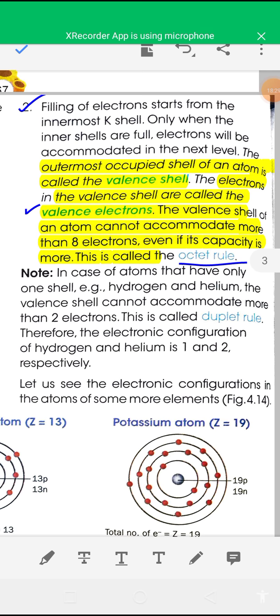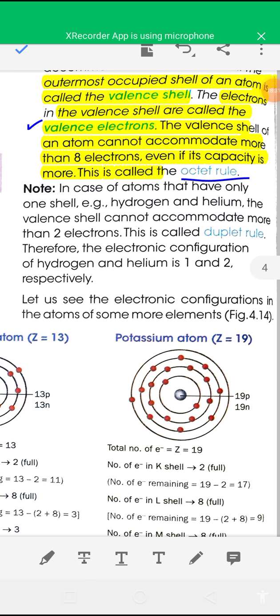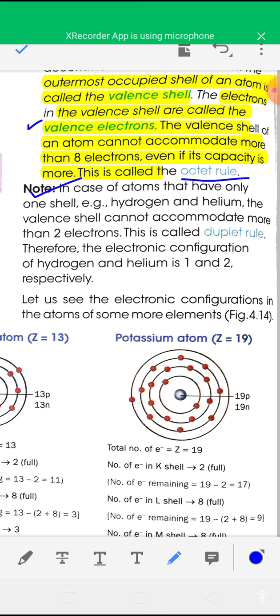Okay, now one note is given: in case of hydrogen and helium, only one shell is there, so they can accommodate maximum 2 electrons in their valence shell, and this is known as duplet rule.